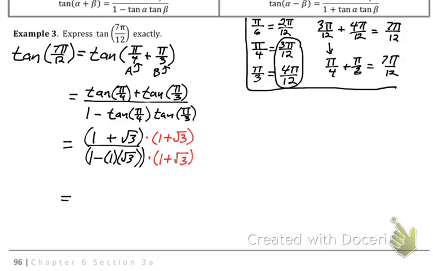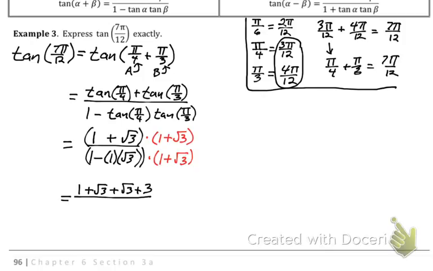All right, on top, I'm just going to distribute this 1 to everything, so that'd be 1 times 1. You can use FOIL. You can do whatever method you want to. It is a plus and a plus, so there's a nice pattern there. But I'm just going to do the full thing like I forgot stuff, so we'll have 1 plus square root of 3 plus square root of 3 plus 3.